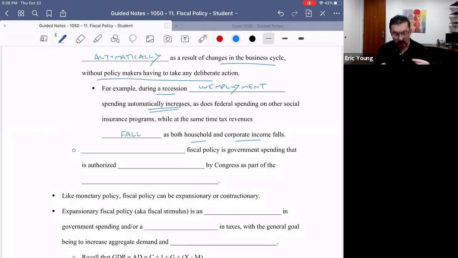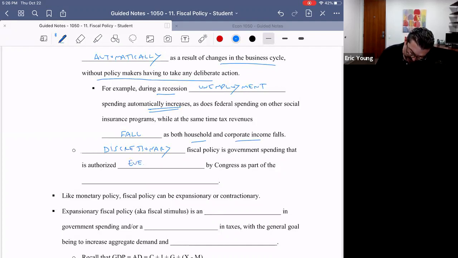On the other hand, when we're talking about discretionary fiscal policy, and that's really the focus when people traditionally discuss fiscal policy, discretionary fiscal policy refers to government spending that has to be authorized every year by Congress.